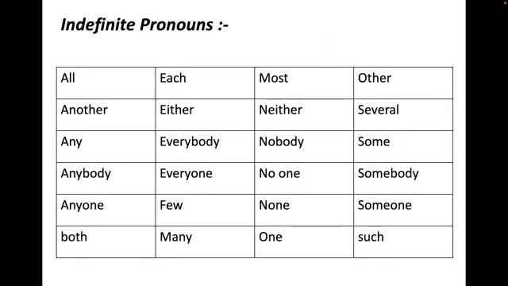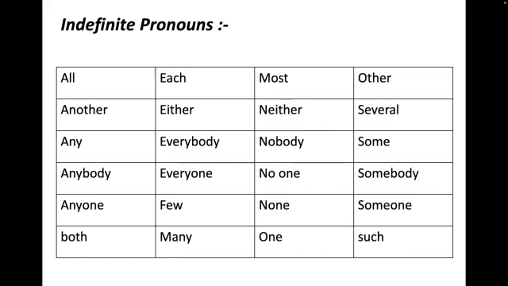And so here we have a list of the indefinite pronouns. All, each, most, other, another, either, neither, several, any, everybody, nobody, some, anybody, everyone, no one, somebody, anyone, few, none, someone, both, many, one, and such.